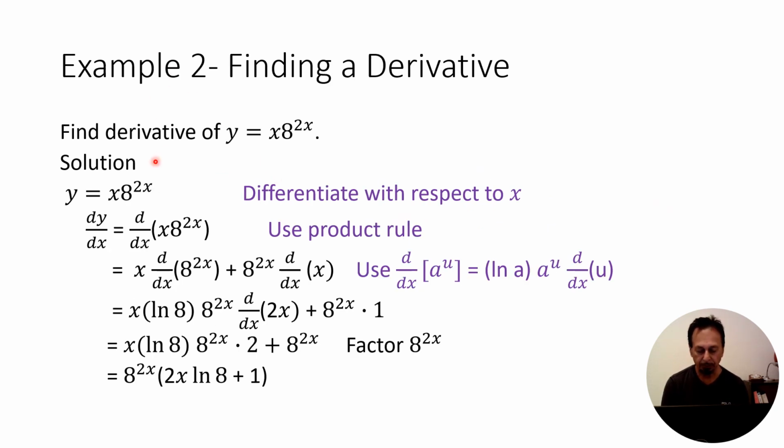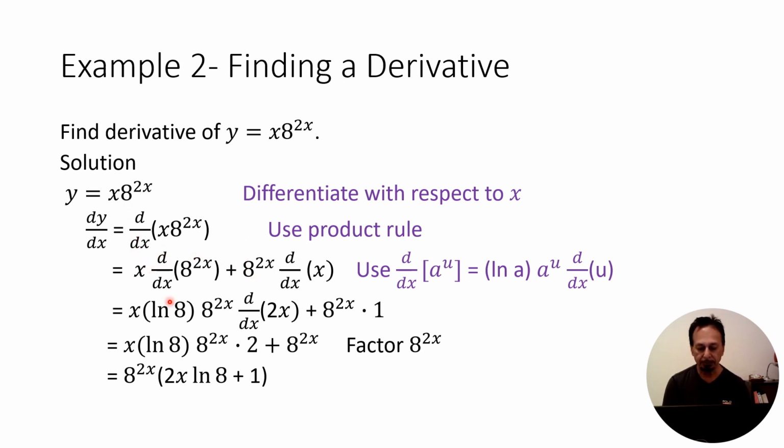Okay, so we find the derivative of y equals x times 8 to the power 2x. So now x is the algebraic function and 8 to the 2x is the exponential function. So we're going to use the product rule. So y is x times 8 to the 2x, and y prime becomes d over dx of x times 8 to the power 2x.